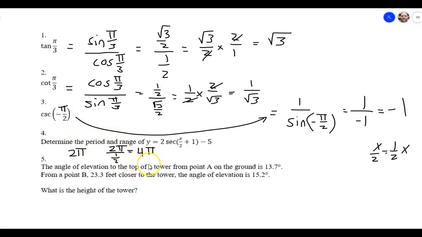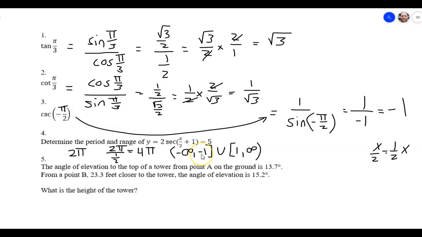Now the range, the normal range of a secant function is negative infinity to negative 1, including negative 1, and then positive 1 to positive infinity. And this is in the notation that they had asked for, interval notation.